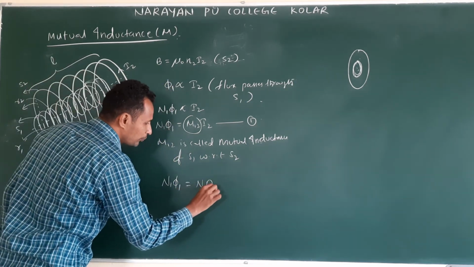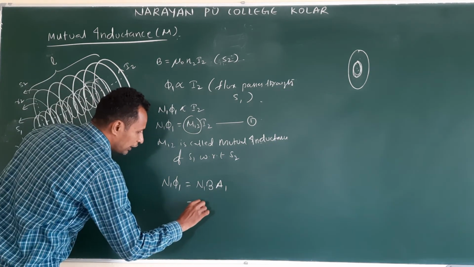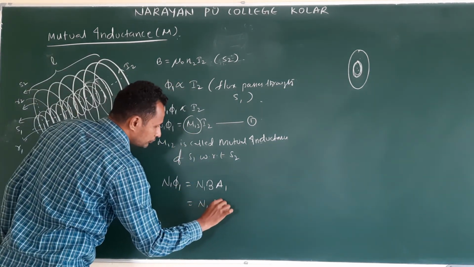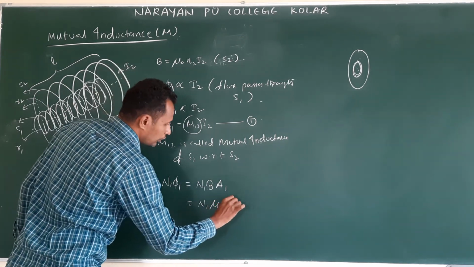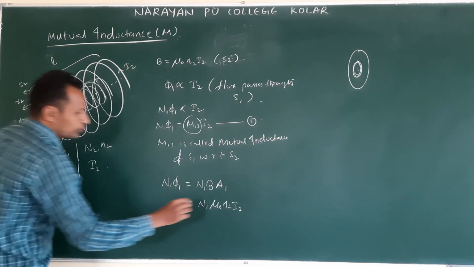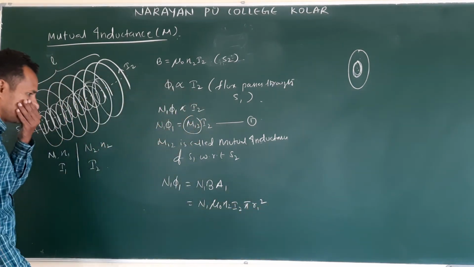So I can write B into the area of the first coil. So N1, and what is B? Mu naught n2 I2. Which area? The first area, the inner coil area, pi r1 square.